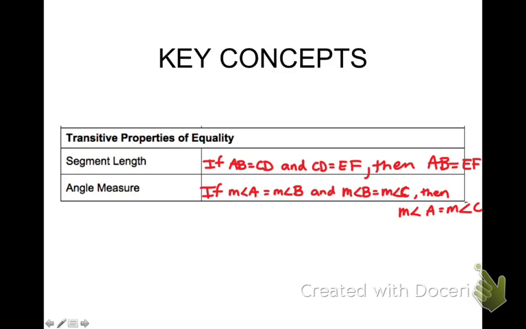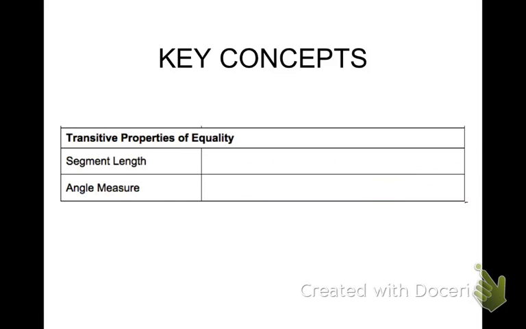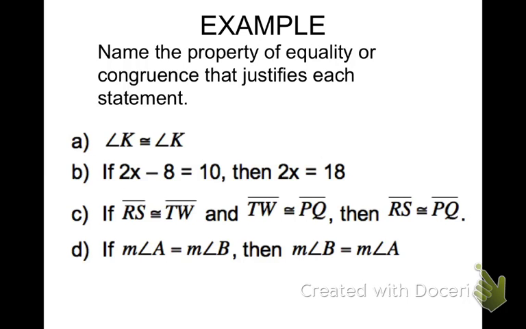Okay, so can you identify the following properties for this last example? Hopefully. Can I get rid of this screen? Is everybody okay? All right, so part A, which property do we have? Reflexive, good. Reflexive property.